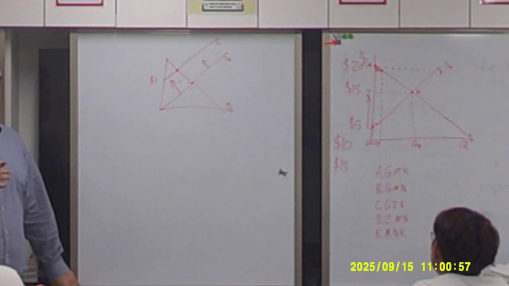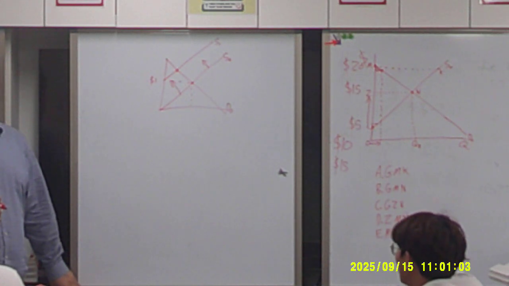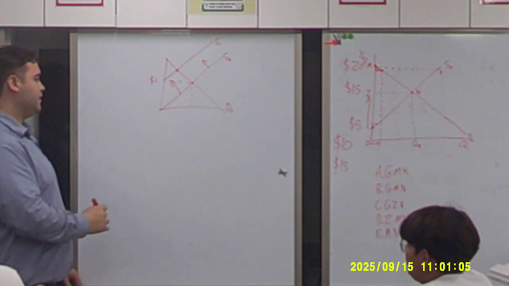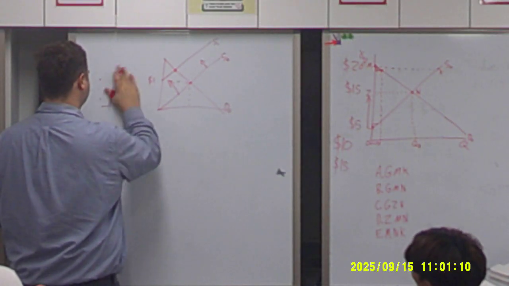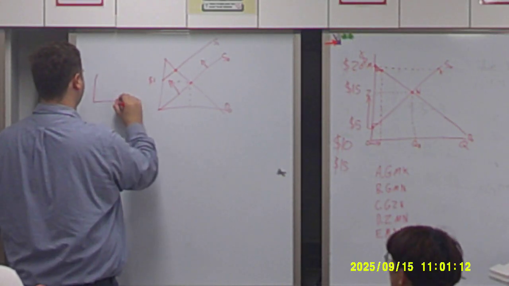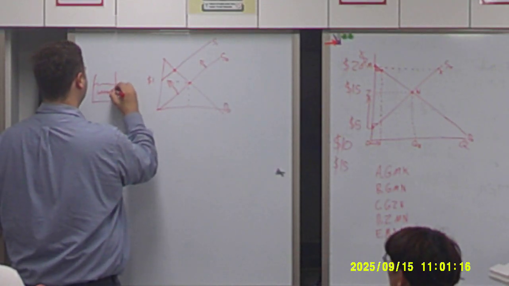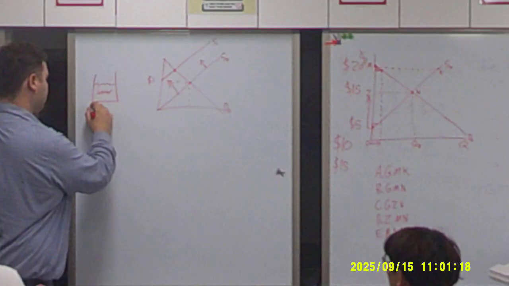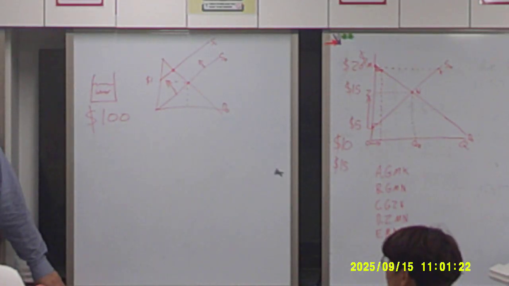The same thing, I don't know if you guys ever knew this. Do you know the gold rush in the United States? In the gold rush, they were selling a cup of water for $100, and people were paying for it.